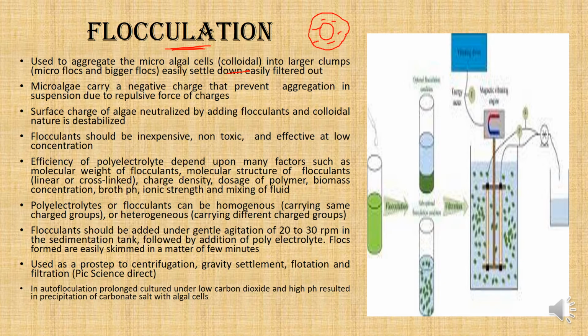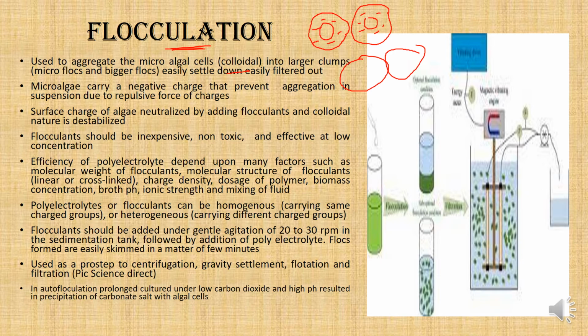As a result, two algae that were earlier repelled from each other by this negative charge can now come close to each other. They can create a microfloc, and two or three microflocs together form a macrofloc, and in this way their weight increases, their size increases, and they are easily settled down by gravity.